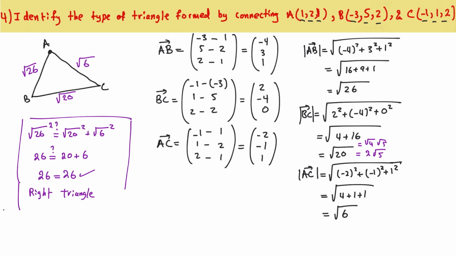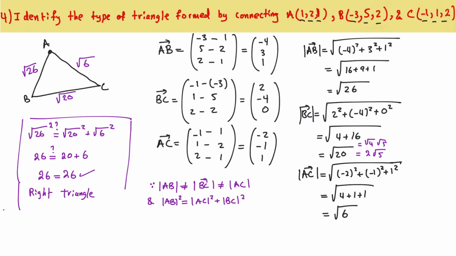For my final answer, I am going to write that since the magnitude of AB does not equal the magnitude of BC, and that does not equal the magnitude of AC, and since, in this case, AB squared is equal to AC squared plus BC squared.